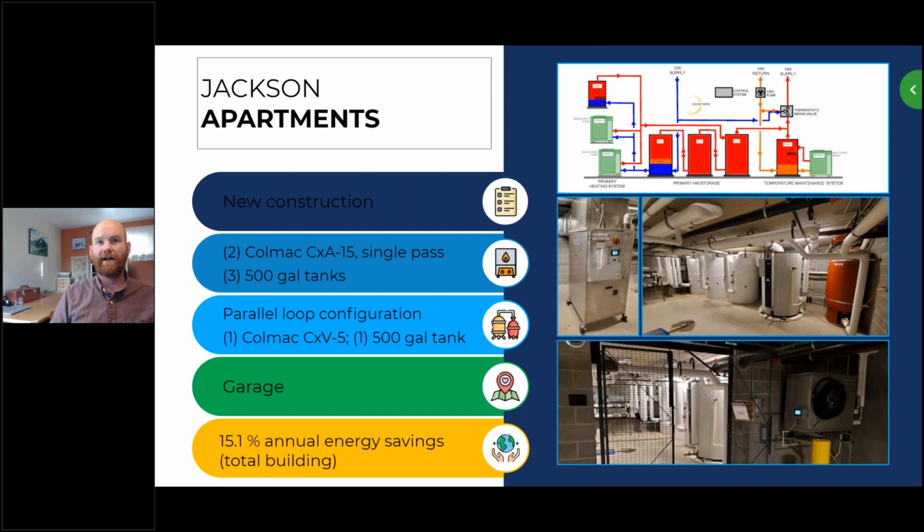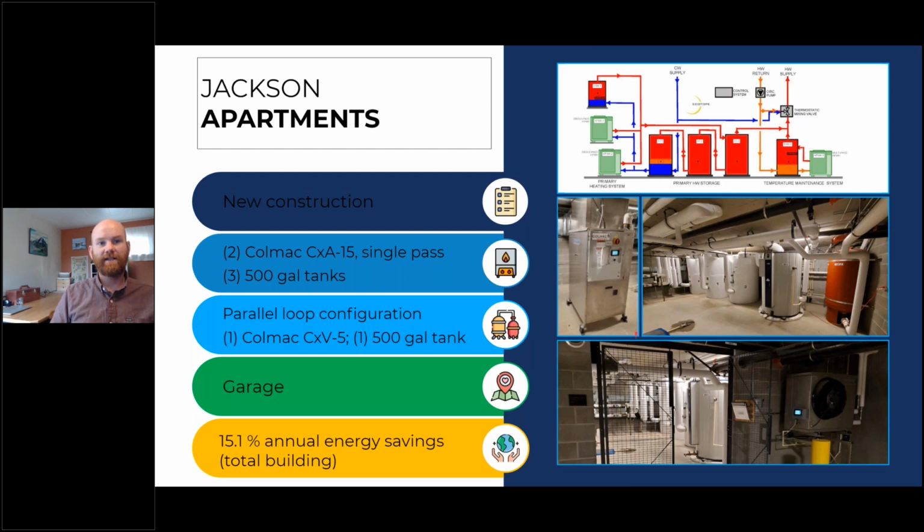And so that storage tank also has an electrical element in it, meaning it's essentially an electric resistance water heater. However, that element set point is kept lower than the set point of the heat pump water heaters. So in normal operation, the multi-pass heat pump water heater comes on first to reheat those temperature maintenance losses. And then if anything happens, our backup electric resistance element comes in. Similar design approach as we have on the primary side there.